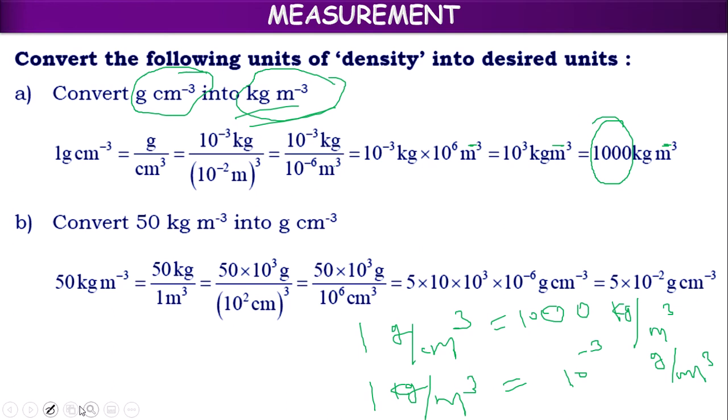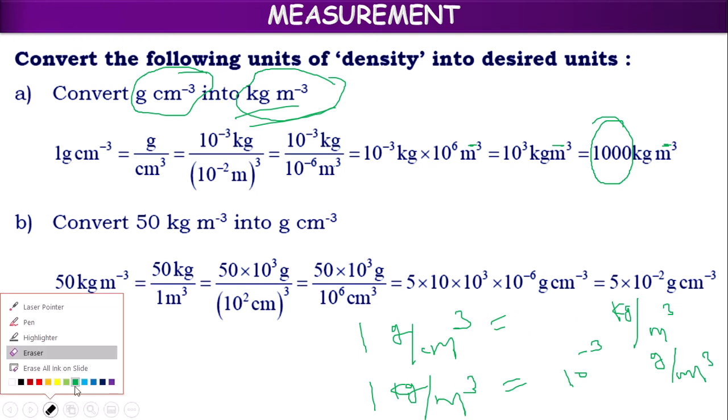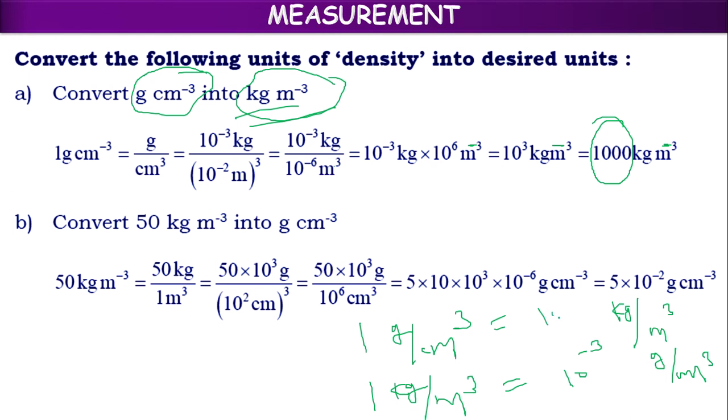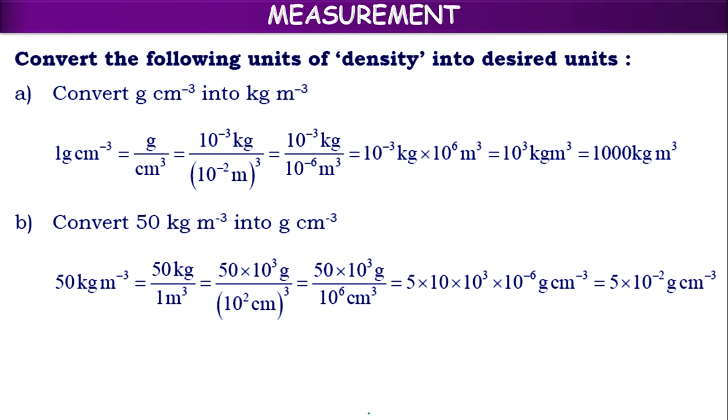Or this one also, 1000 means what does it mean? 1000 means 10 cube. So 1 gram per centimeter cube equal to 10 cube kg per meter cube. 1 kg per meter cube equal to 10 power minus 3 gram per centimeter cube. Like that we can make use of these while solving the problems directly.